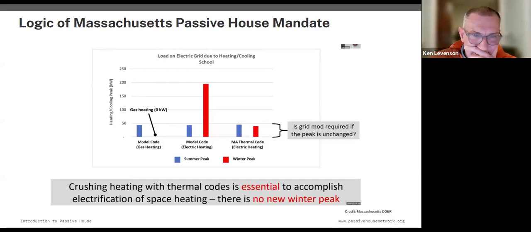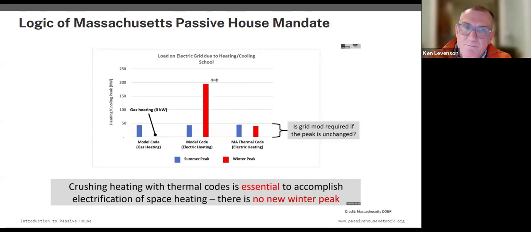They did this study, and I have a slide for schools, but it's a similar thing, where they looked at the model code with existing gas heating and what the strain was on the grid. So you have the peak load in the summertime of the electric. There's no wintertime heating load because it's gas. Now, if we just electrify that school with the model code, we're going to have the same summertime peak, but it's the wintertime that's going to blow up the grid. And it's over 4 times higher peak.